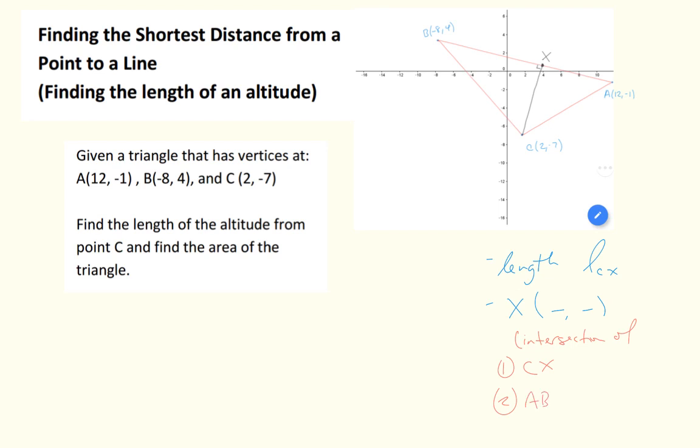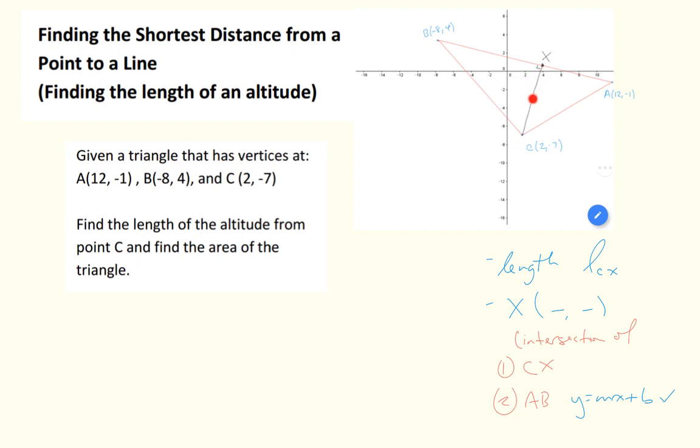Now, AB, I think we could already figure out. We have a point here and a point here that we know, and we can figure out a y equals mx plus b equation for that, because we can calculate the slope and then sub in. But the line CX, can we figure out an equation for that? Well, we've got a point. Do we have a slope?